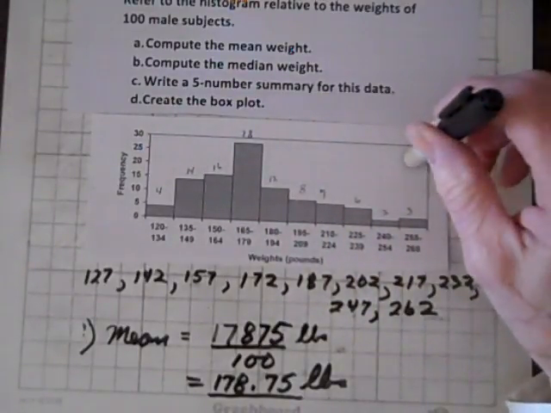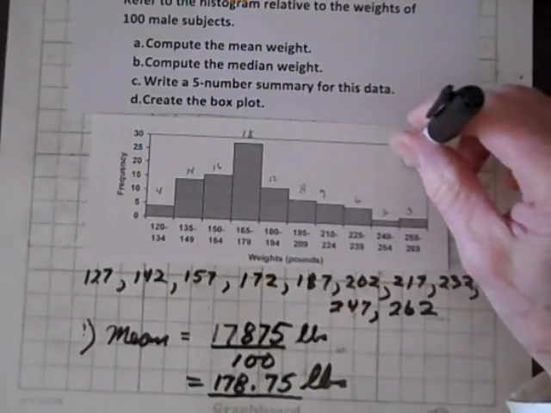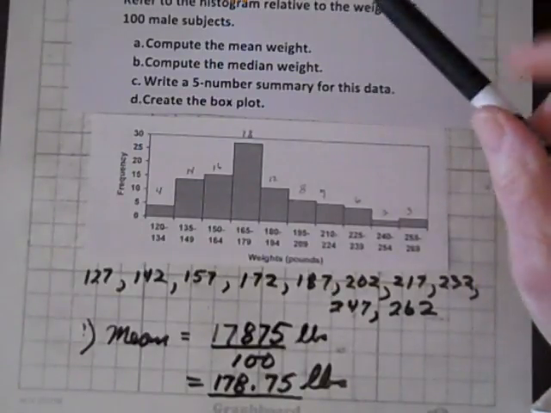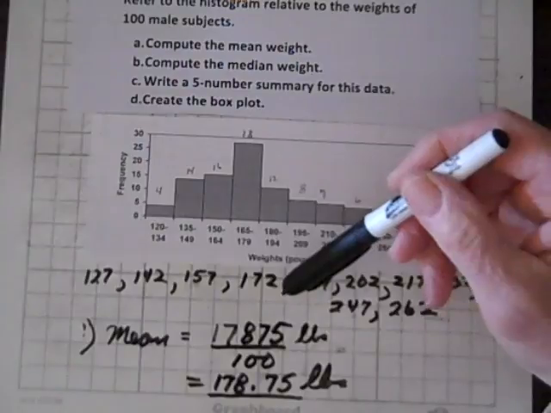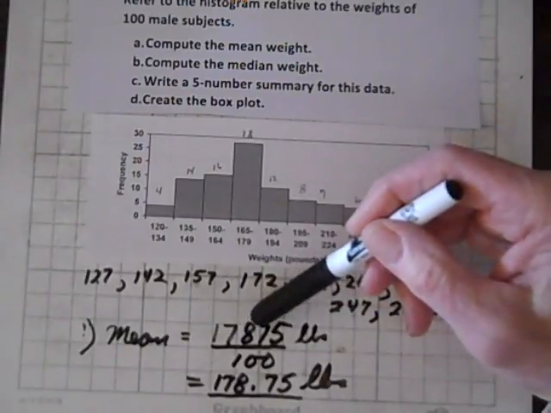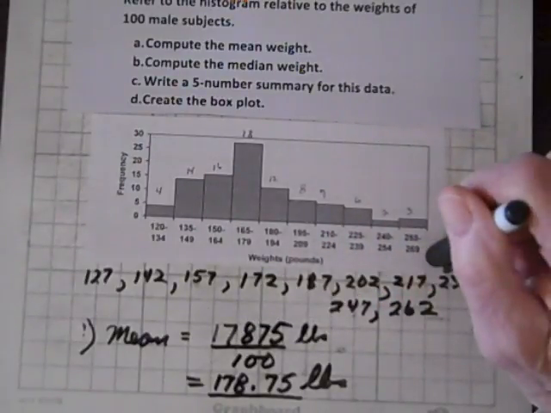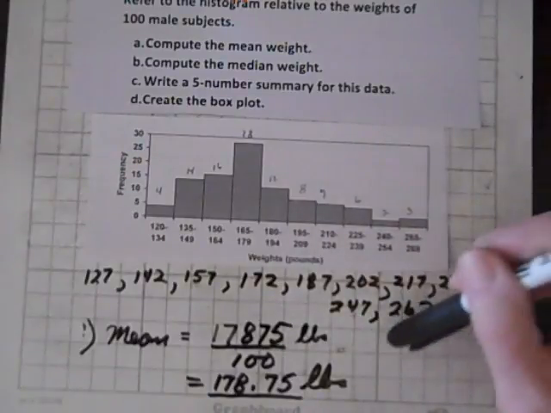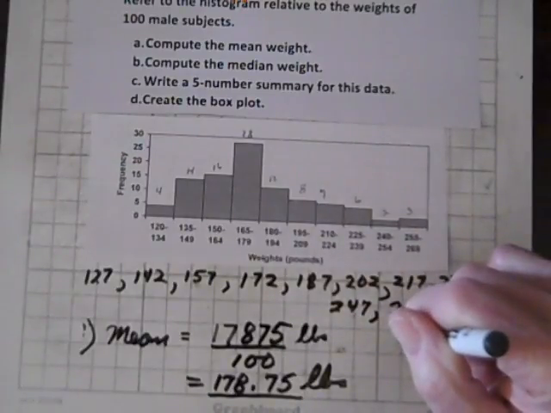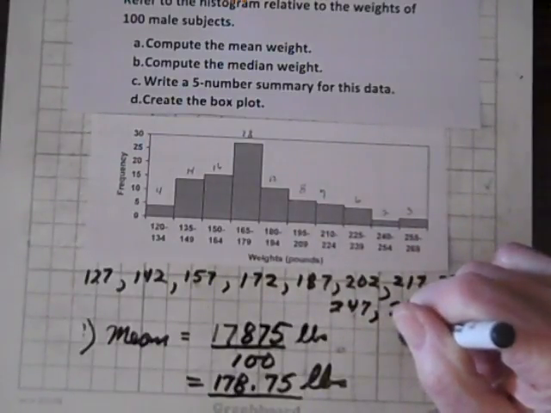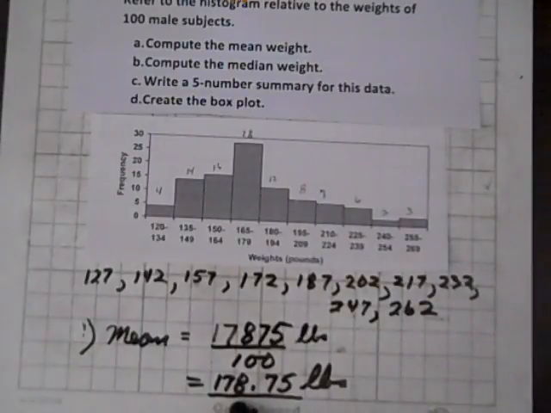And I came up with a total weight for these 100 gentlemen of 17,875 pounds. Dividing that by 100, we get the mean weight for these 100 gentlemen, and that's 178.75 pounds.